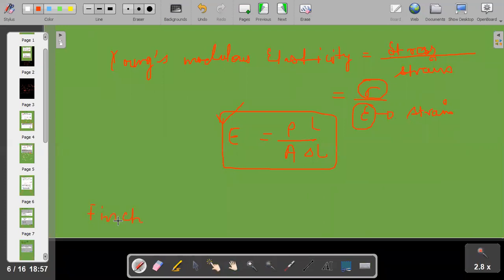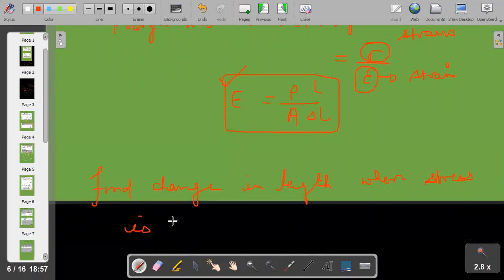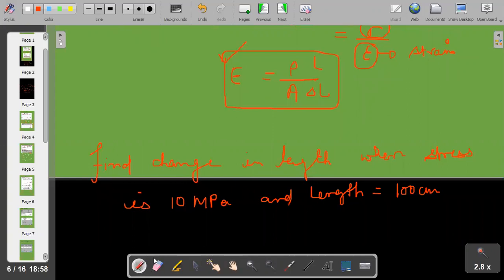Find the change in length when a stress is 10 megapascal and length is 100 centimeter, and Young's modulus of elasticity is 1 into 10 to the power 5 in SI unit.